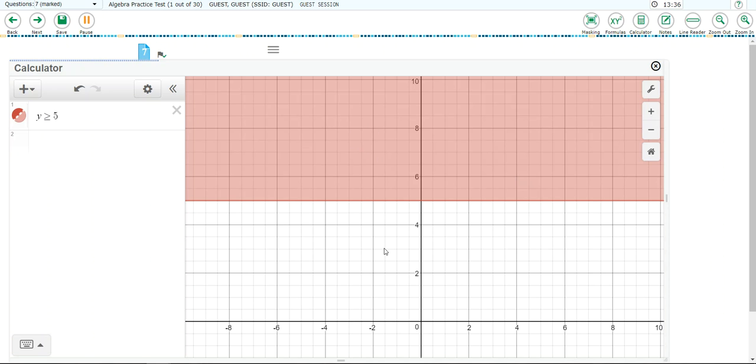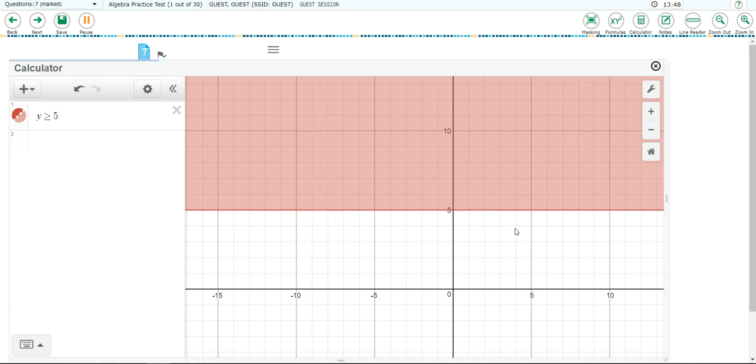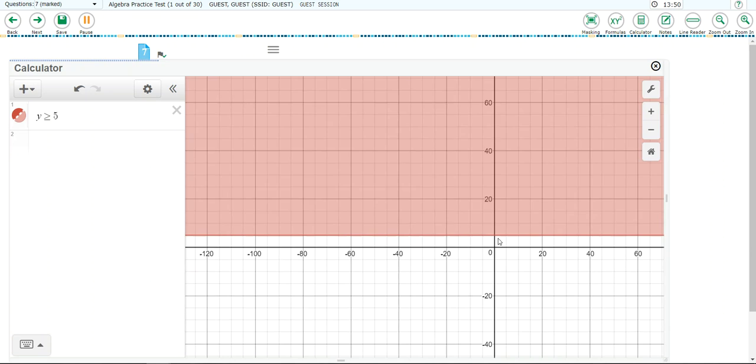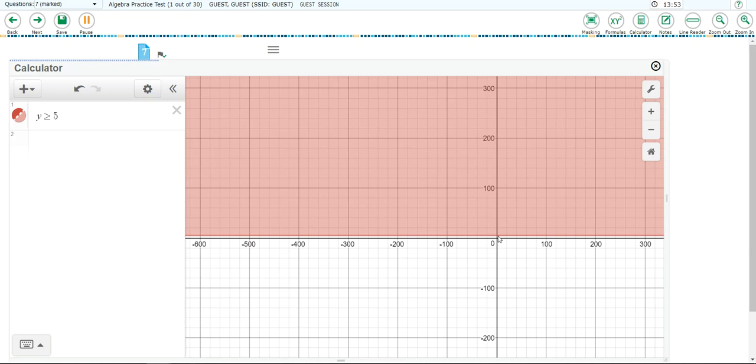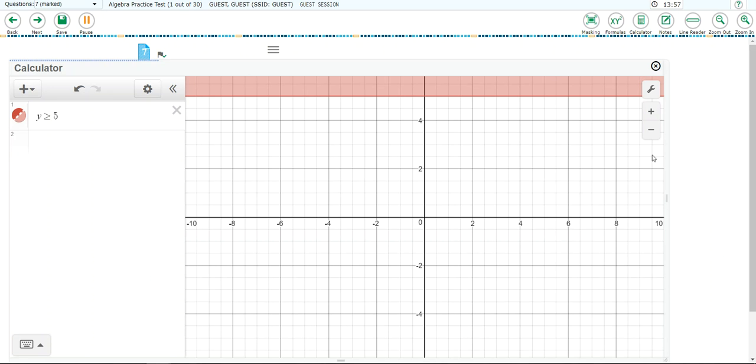So any of these points, if I choose this one, -2, 10, the y value is 10, and 10 is greater than 5. So all of these points up here are an answer choice. I can zoom way out and you can see that all of these numbers up here are answer choices. Okay, so that's the first inequality.